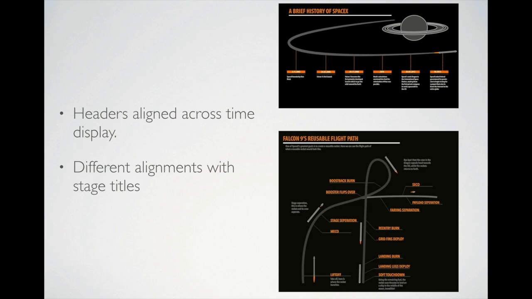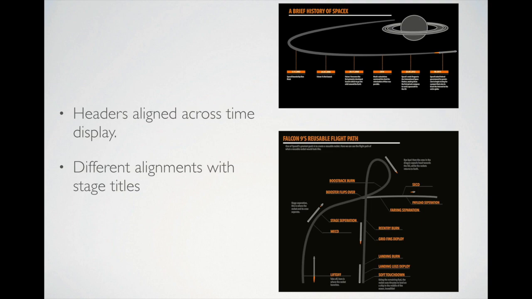The first one is my timeline, where each block of time, each date, is aligned across. What's really neat about this is that the vertical lines that connect to the flight path are of different heights, but despite that, they all feel like a cohesive unit because of the vertical alignment, horizontally spread across.